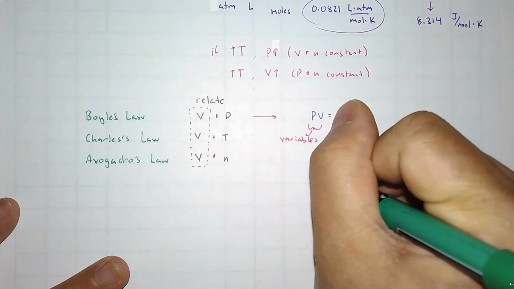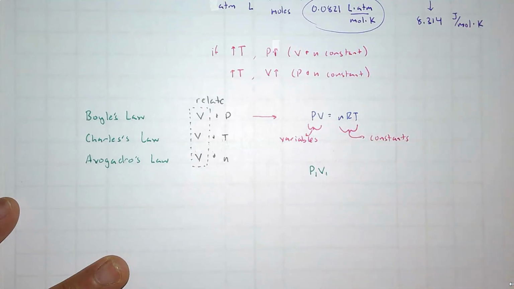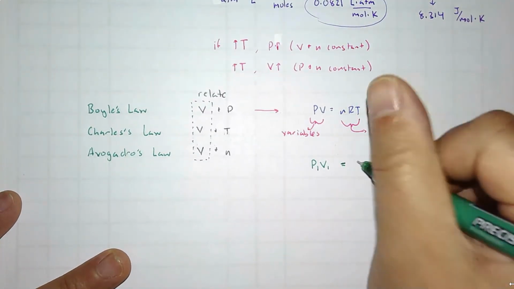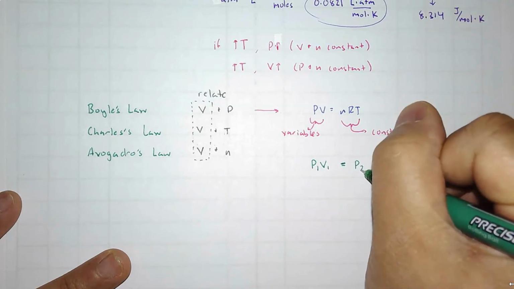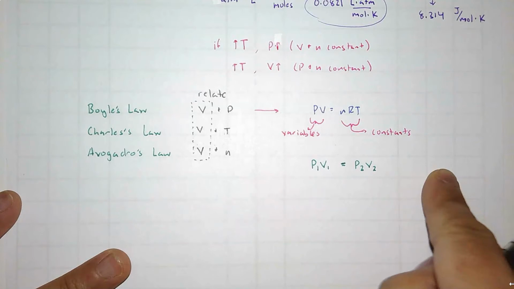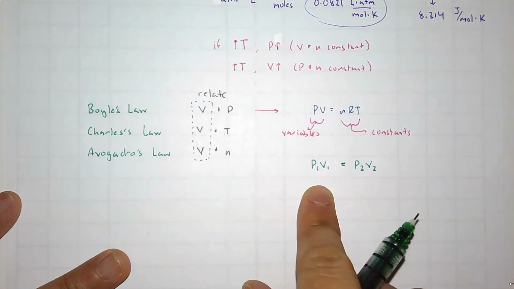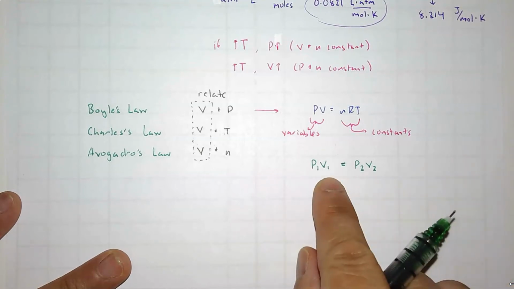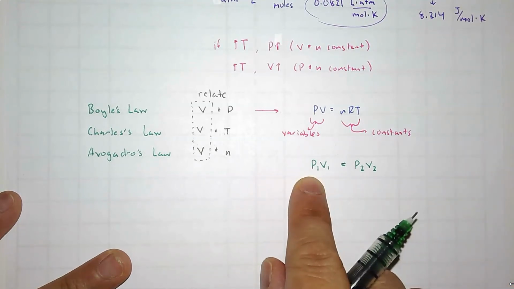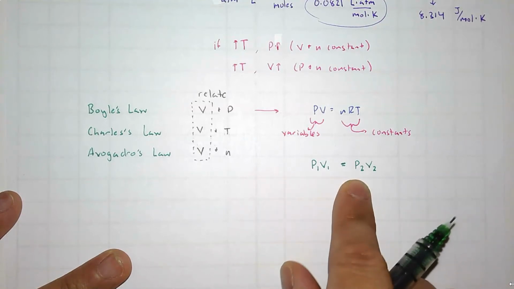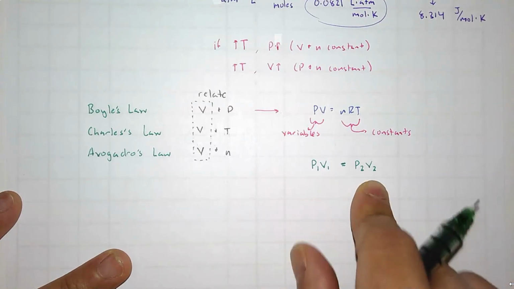So what Boyle says is, if you have two situations, the pressure and the volume of situation 1 when multiplied will equal the pressure and the volume of a second situation and a third situation. So the problem here is, for instance, if you have a balloon that has a certain volume and pressure, and I change the pressure to get a second pressure, how does the volume change?